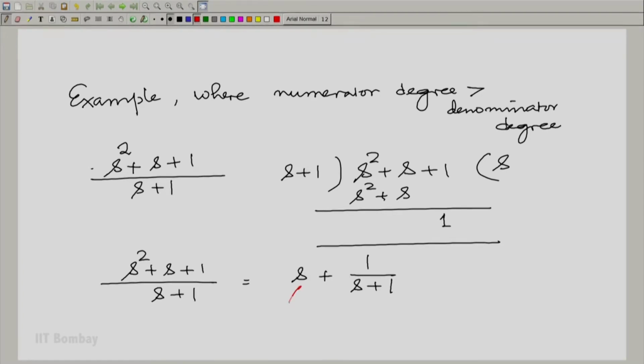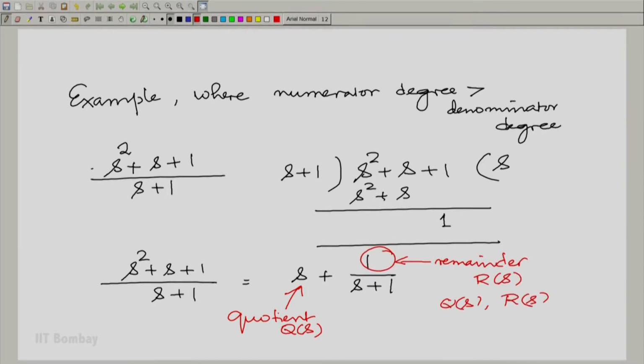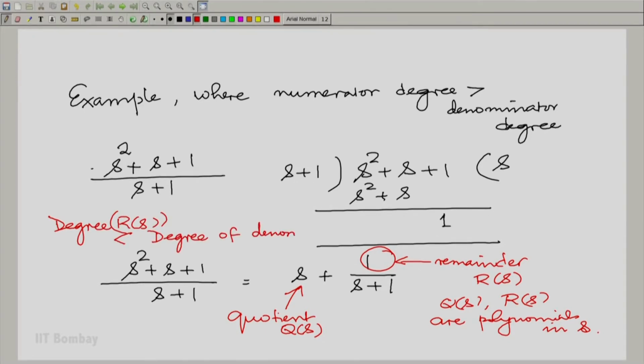We have what is called a quotient, a polynomial in S, and a remainder. Both Q(s) and R(s) are polynomials in S, and now the degree of R(s) is strictly less than the degree of the denominator. That is what we wanted. So, this long division comes to the rescue.